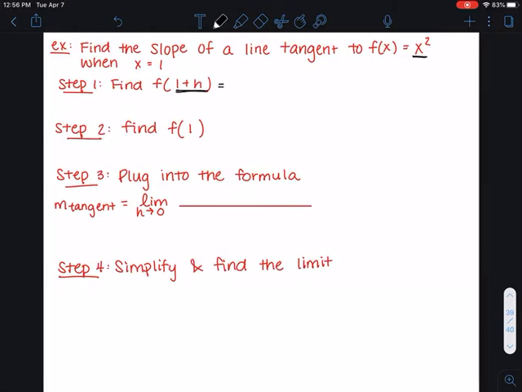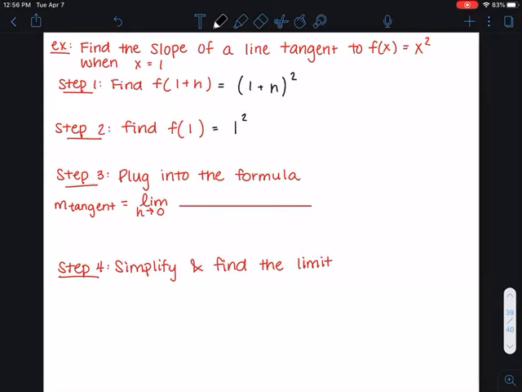So f of 1 plus h: every time I see an x in my f of x, I'm going to turn it into 1 plus h. So I have x, which would become 1 plus h, squared. Do you see how 1 plus h became my x?